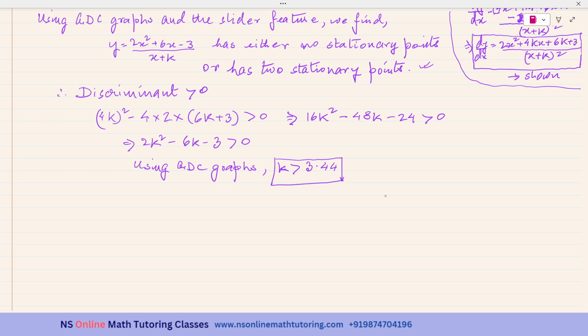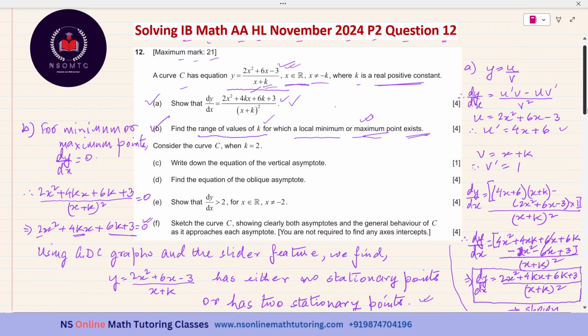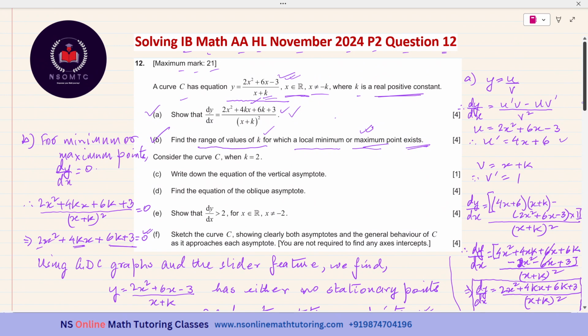Clear? So k can be any value more than 3.44. You can take k as 4, k as 5, any value. I have shown you the graph shape using the slider. So we are done with subpart B.